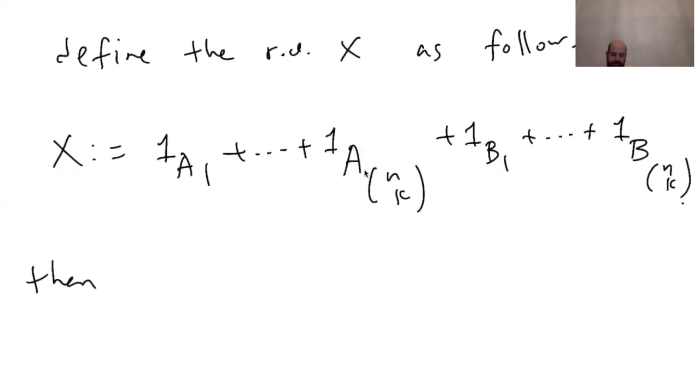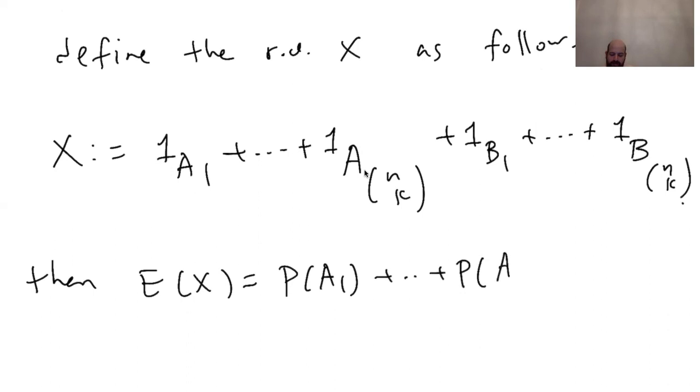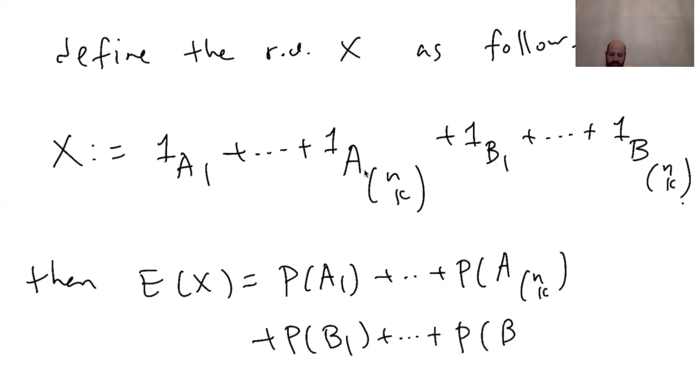Then E[X] is equal to P(A1) all the way to P(A(n choose k)) plus P(B1) up to P(B(n choose k)). Remember, if I consider an indicator random variable, the expected value of such a random variable is the probability of the event.